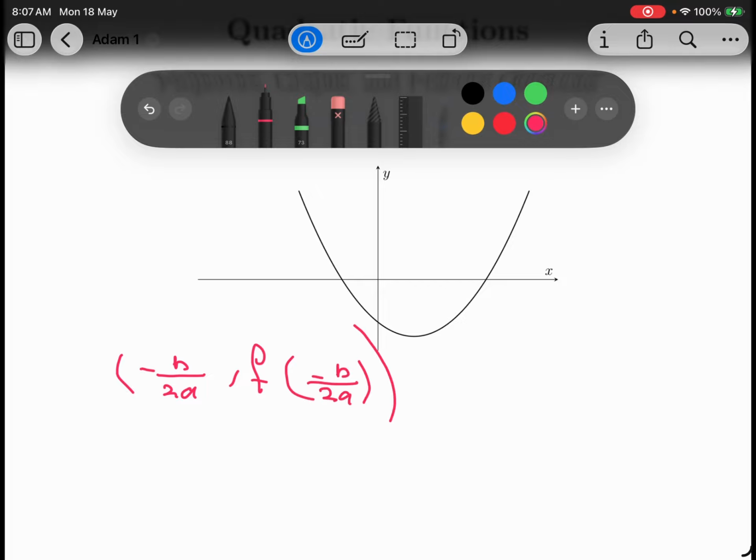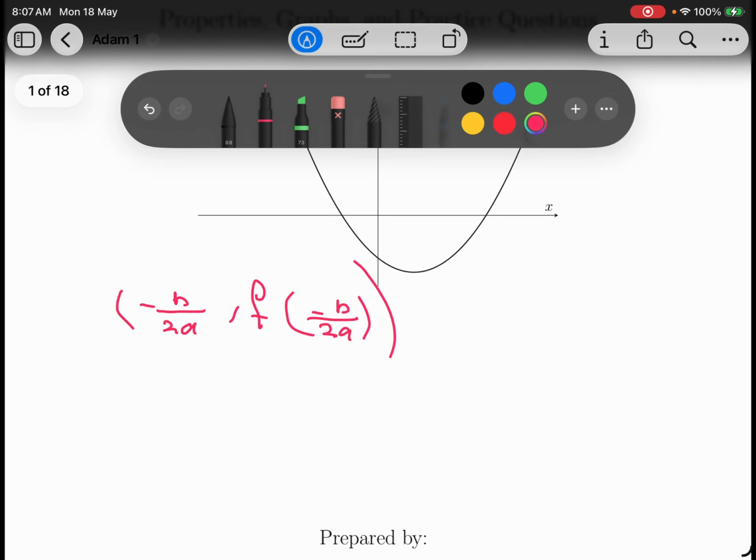If a is more than 0, then the range will be from f of minus b over 2a to infinity. And if a is less than 0, then the range will be from minus infinity to the y-coordinate of the vertex, which is f of minus b over 2a.